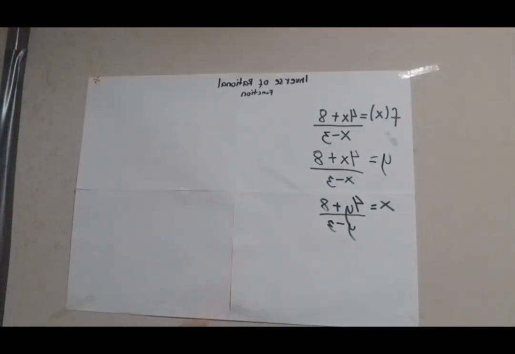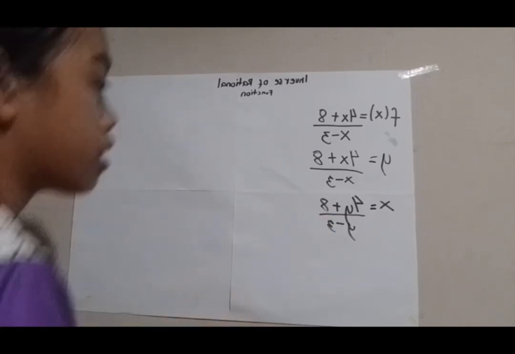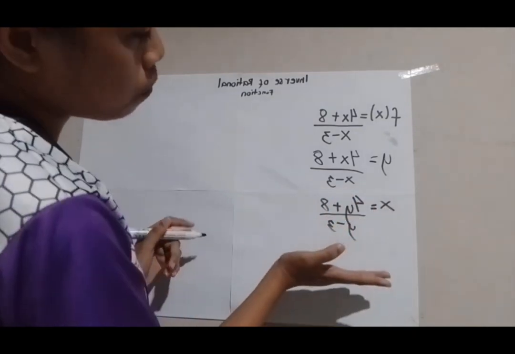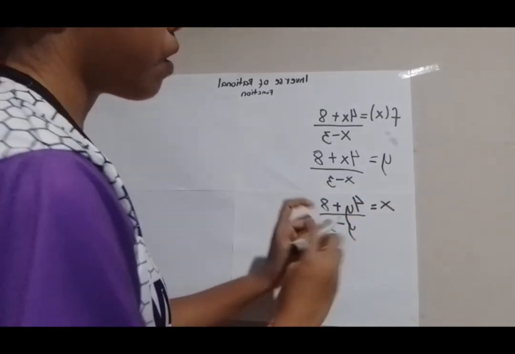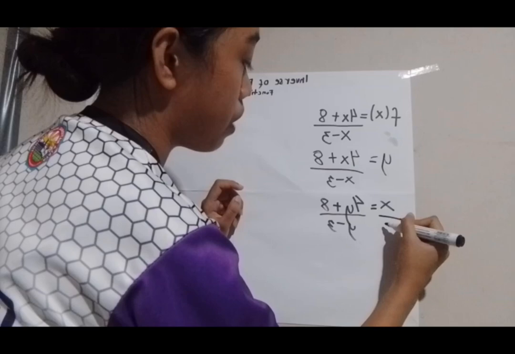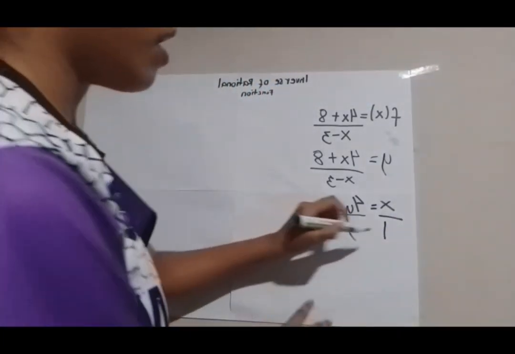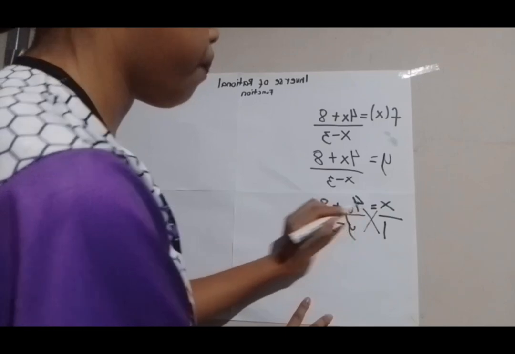The next step is solve for y. This time we will cross multiply, putting 1 here.